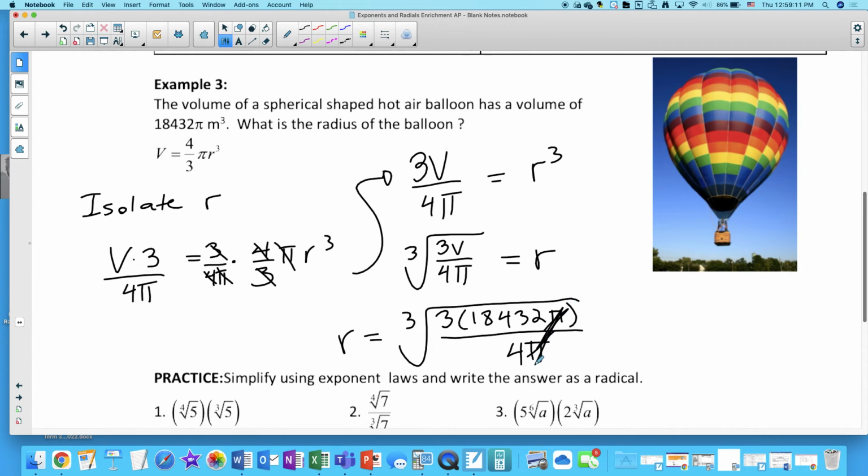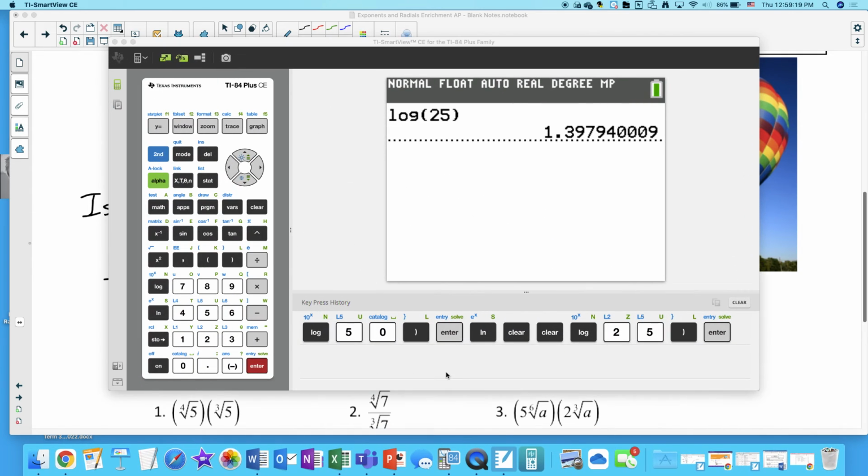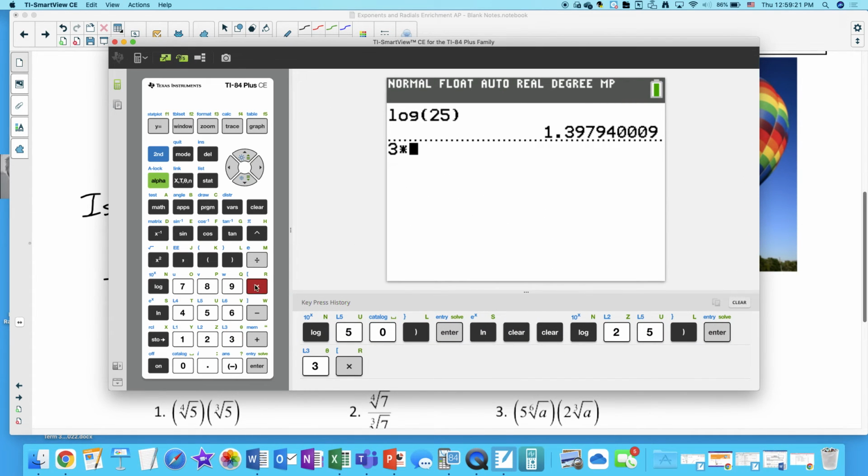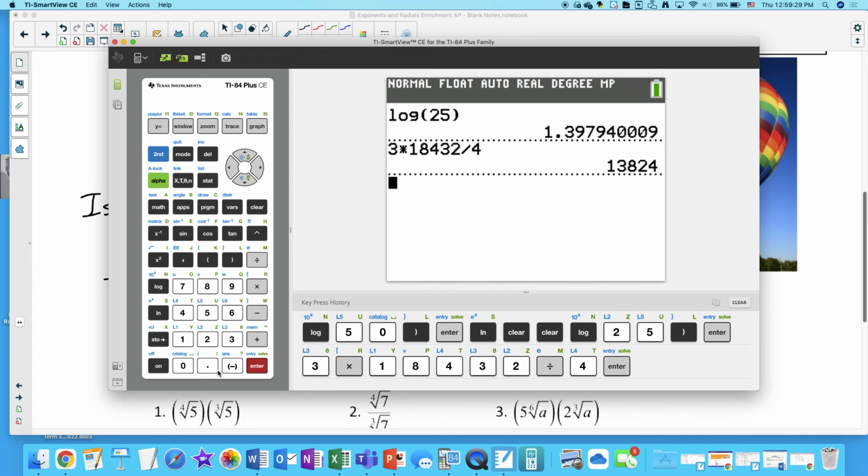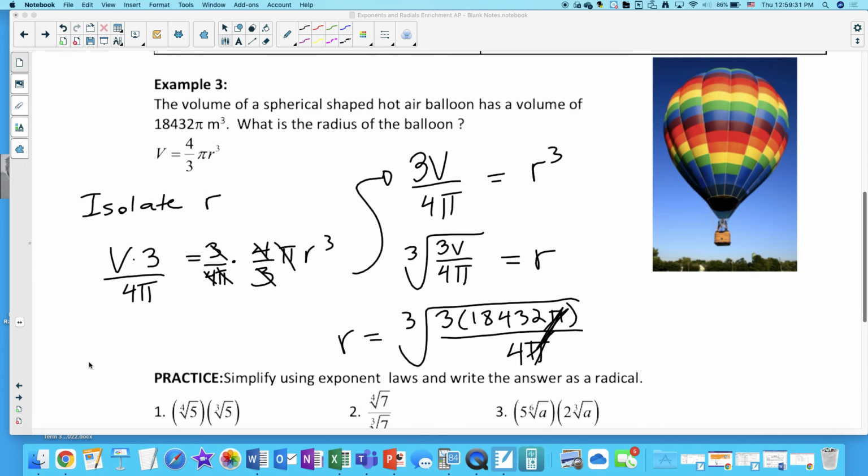So 3 times 18,432 divided by 4 is 13,824. So cube root of 13,824.